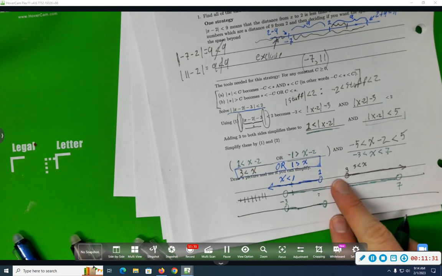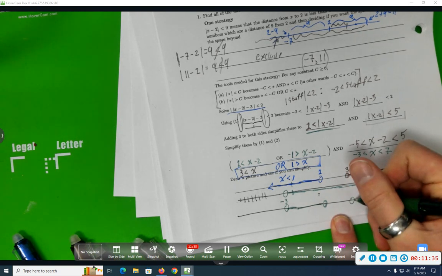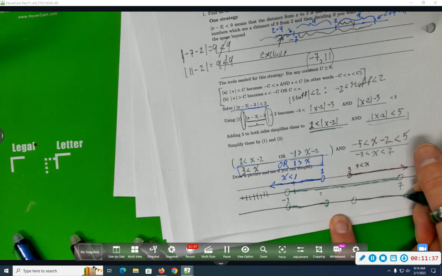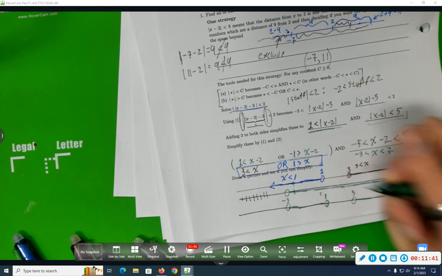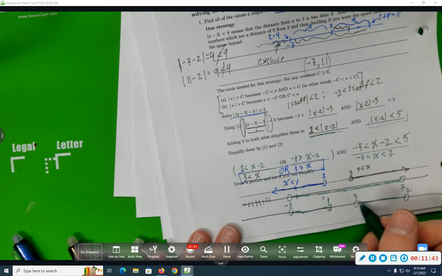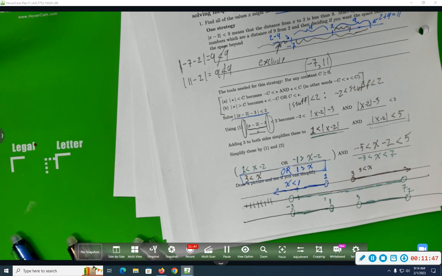Between 1 and 3, you're not in blue or brown. Once you're at 3, you're good, and you're good all the way on up to 7. Oh, neat. Does that just look like some intervals now? How would you write that in interval notation?